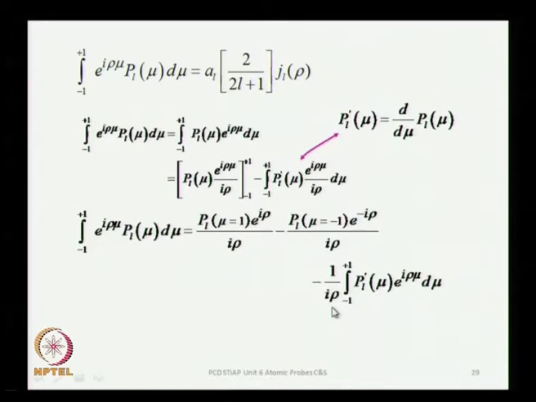So, that together with this rho which you already have will give you a 1 over rho square, and that term will be much weaker than the terms which go as 1 over rho in the asymptotic limit.